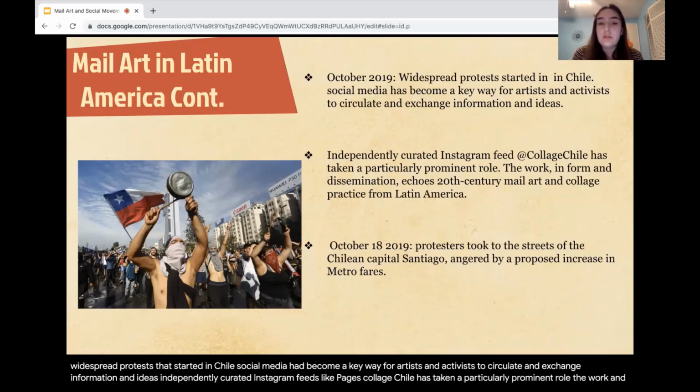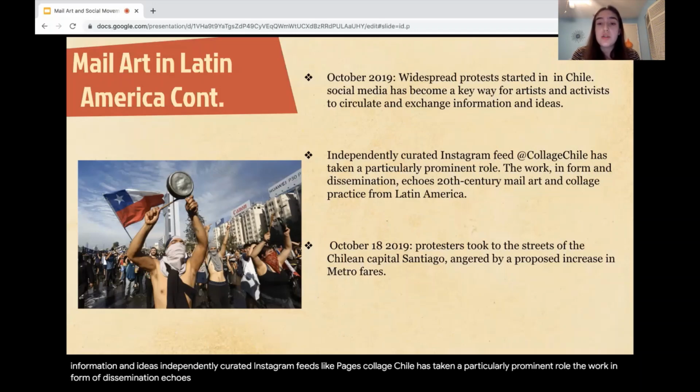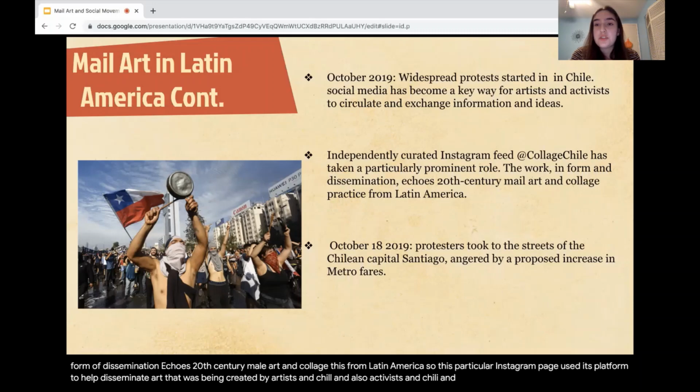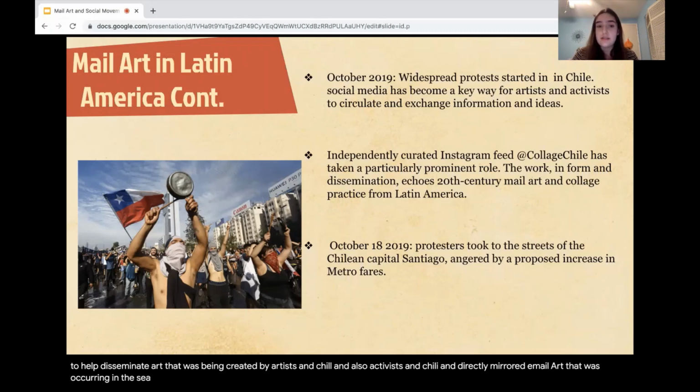The work and form of dissemination echoes 20th century mail art and collage practice from Latin America. So this particular Instagram page used its platform to help disseminate art that was being created by artists and also activists in Chile, and directly mirrored the mail art that was occurring in the 60s and 70s.